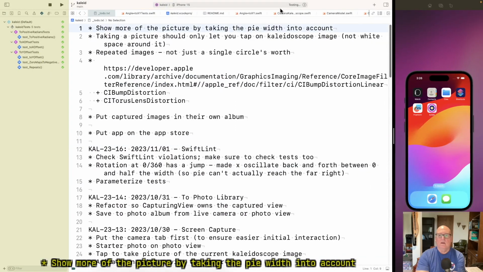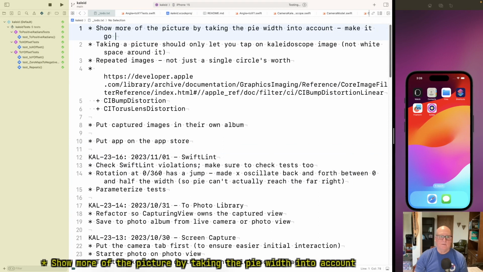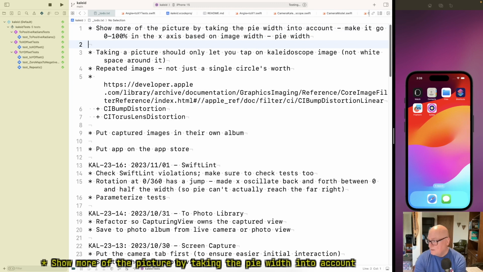So make it go 0 to 100% in the x-axis based on image width minus pi width. Okay, so something like that. I think that would be a good one.